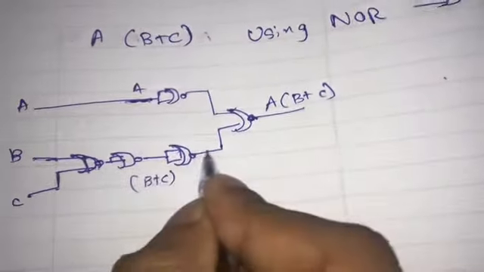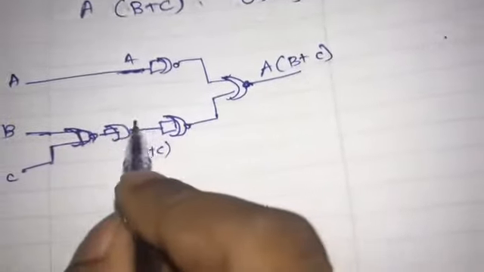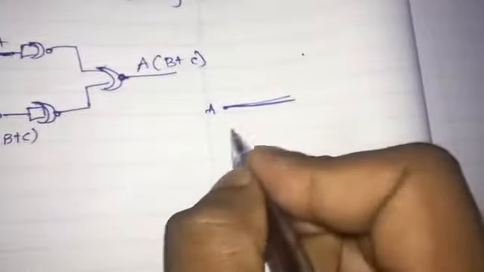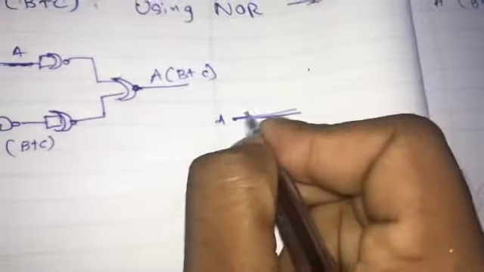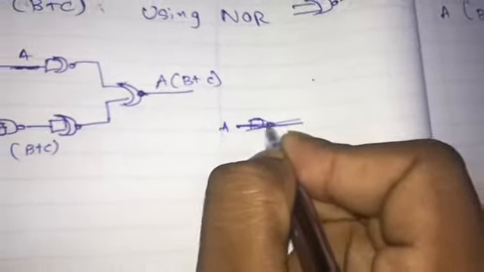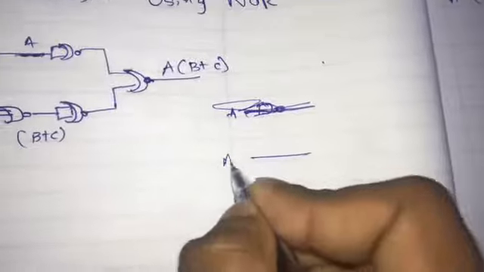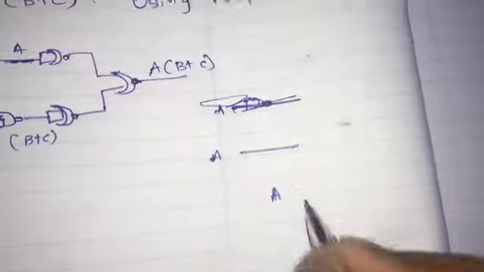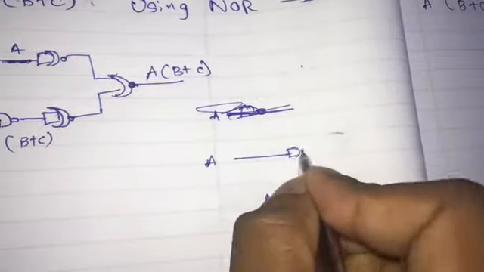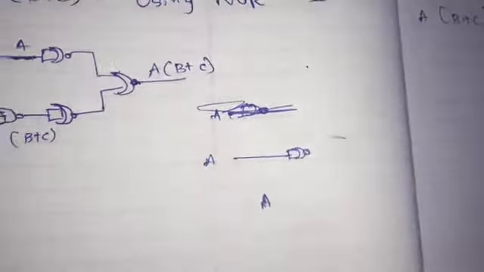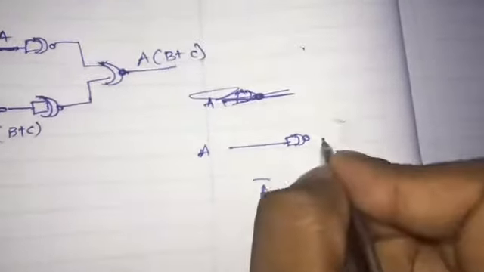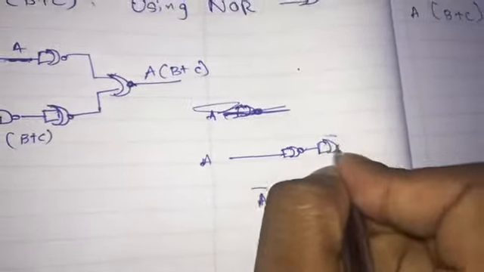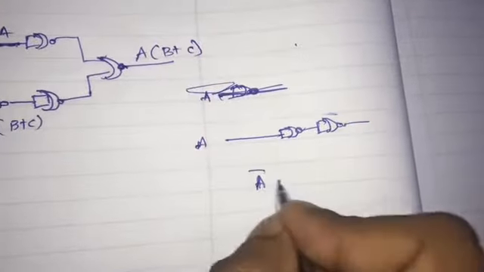Imagine, this is a hypothetical situation, that this wire is A. If you add a NOT gate to this, then it becomes A bar, and then you add another NOT gate, and then it becomes A bar bar.